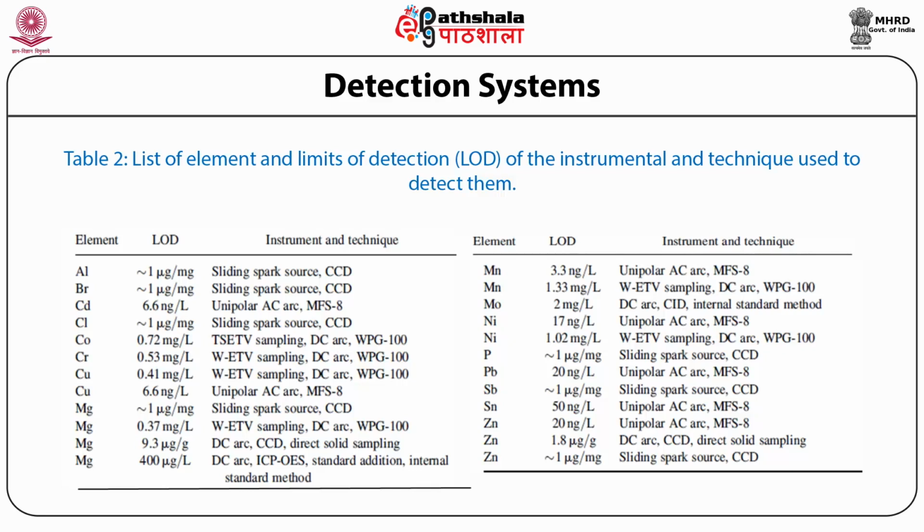Similarly, lead can be detected by unipolar arc AC arc with MFS 8 detection system up to 20 nanograms per liter. Using sliding spark source and CCD detector, zinc could be detected up to 1 microgram per milligram, and if the direct solid sampling is used, it can be detected up to 1.4 microgram per gram.